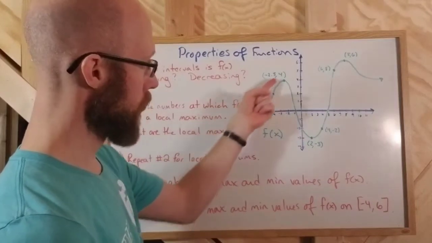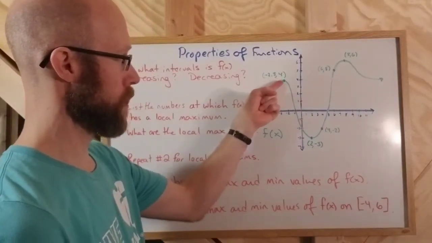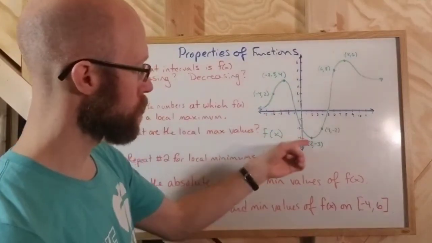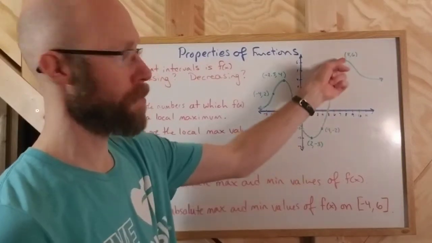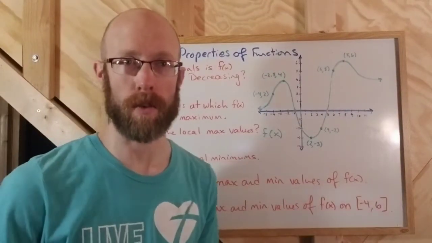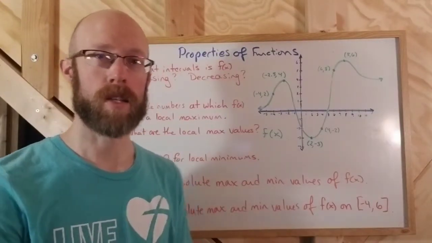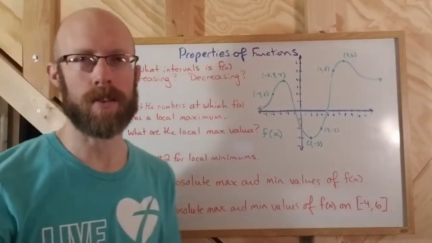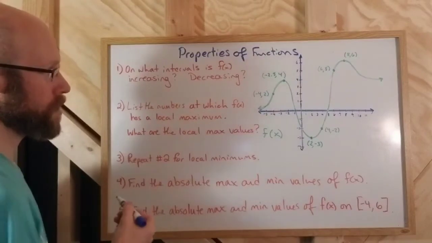On this extreme left portion, up to this point here at negative 2.5 comma 4. And then another region here from this low point to this high point, sort of in the middle of the graph. So there's two regions in which that graph is increasing. And so what we want to do is identify the intervals, which would be the x values actually, the x values in which f of x is increasing.